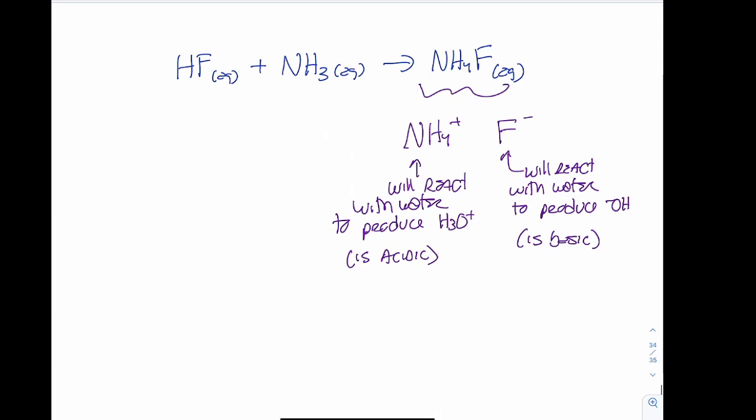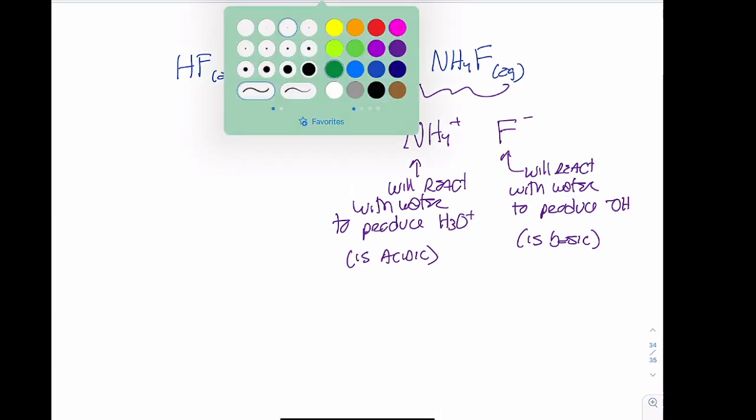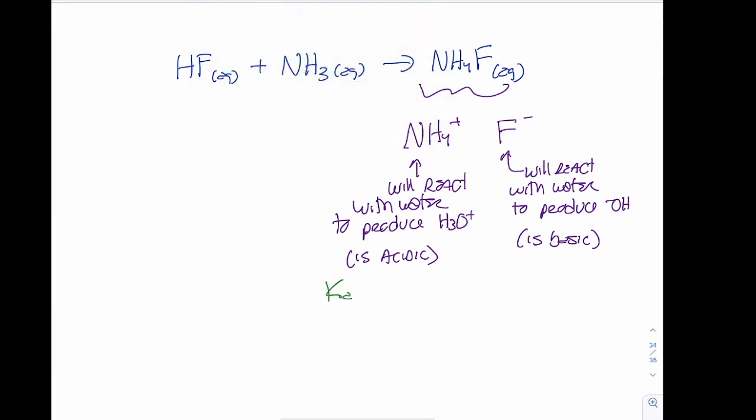So my Ka for ammonium ions is 5.6 times 10 to the negative 10th. And then my Kb for fluoride is 2.9 times 10 to the negative 11th.